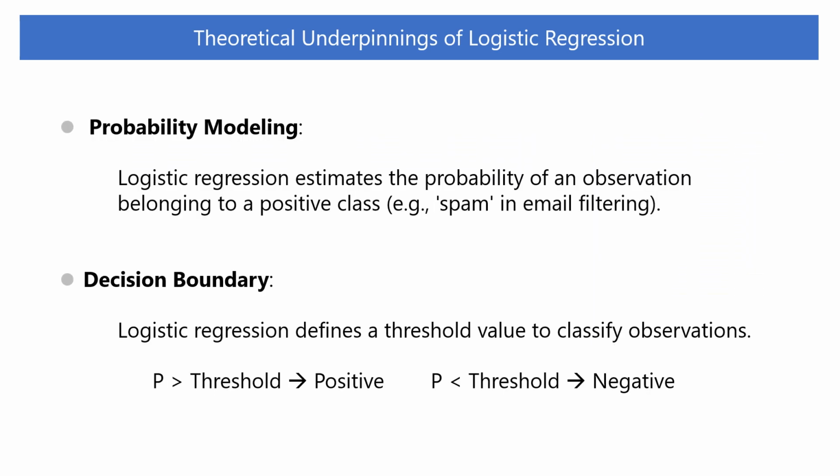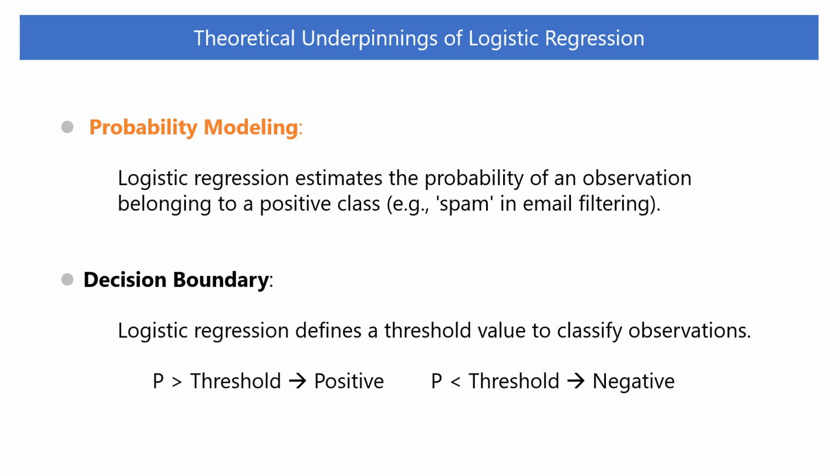Let's understand the theoretical underpinning of logistic regression without delving into complex formulas. There are two underpinnings: probability modeling and decision boundary. The first underpinning is probability modeling. In a binary classification, the outcome consists of two classes called a positive class and negative class.